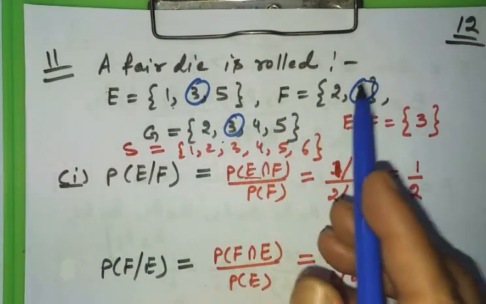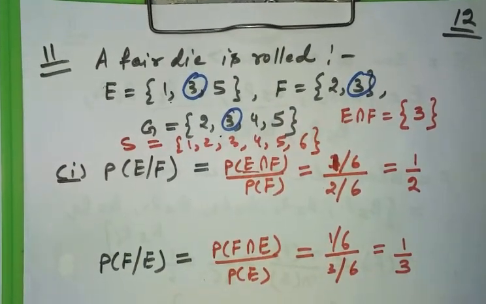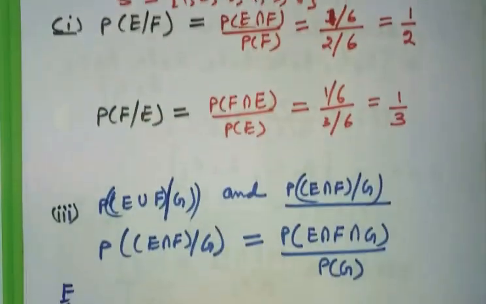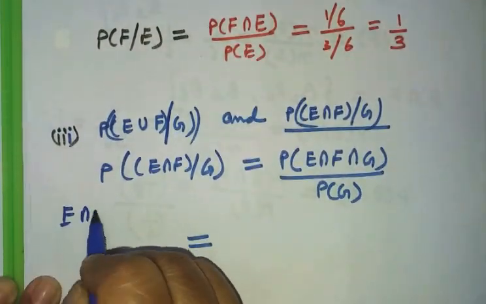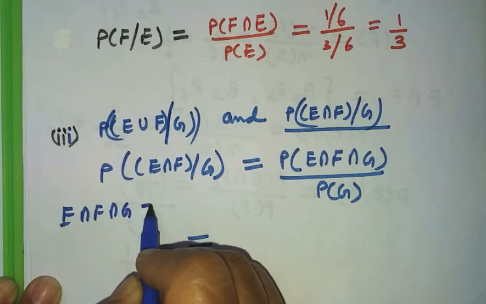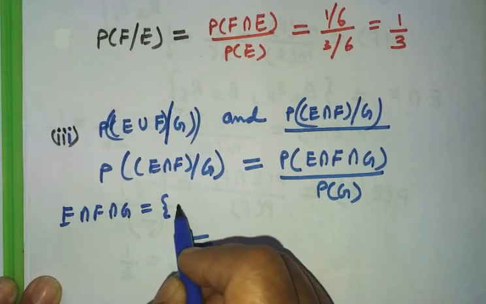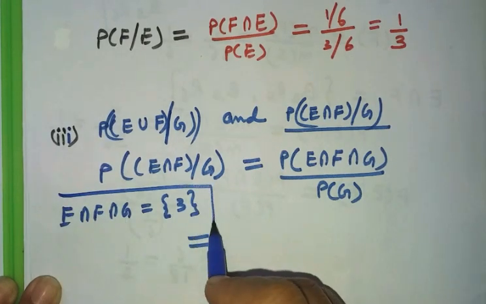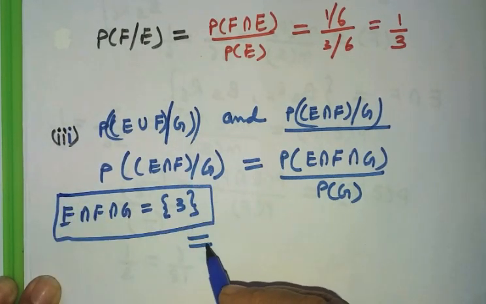So the set E intersection F intersection G contains only one element, which is 3.